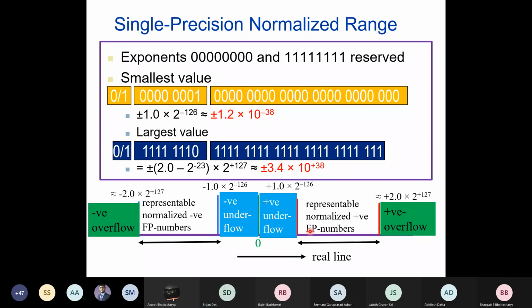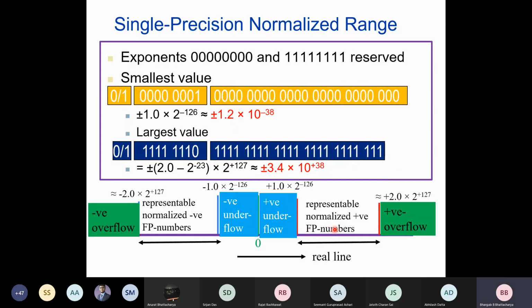Yes, sir. So are these spikes uniformly placed, or are they not uniform here? The difference between the consecutive spikes. So there are floating point samples here. You can say that this range of the real line has been sampled by some floating point numbers, which are representable here.